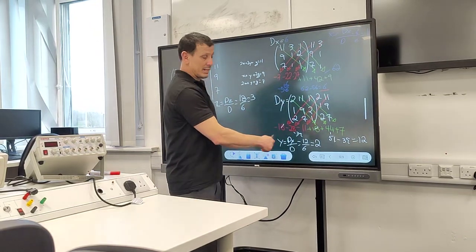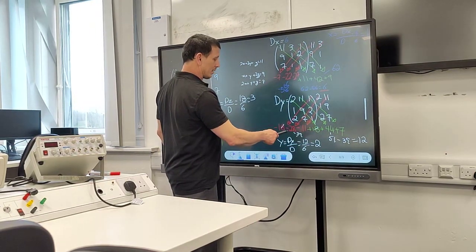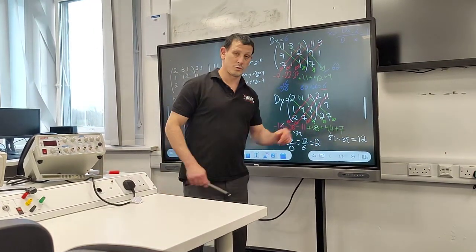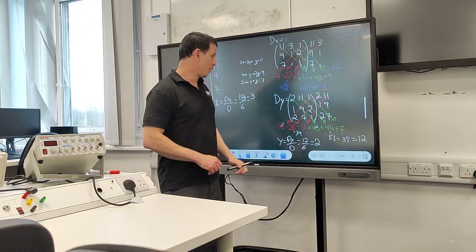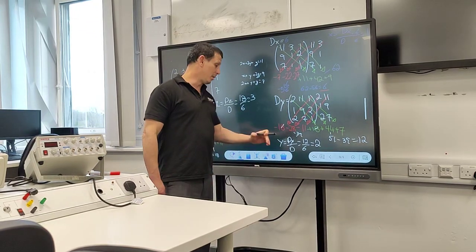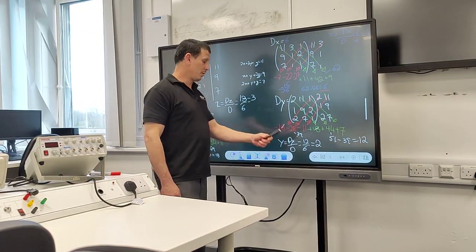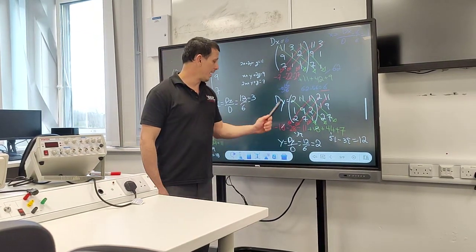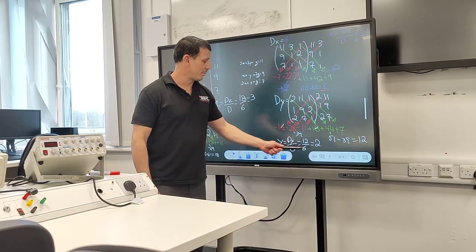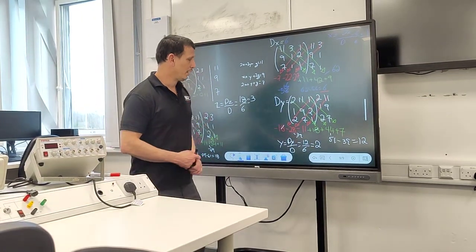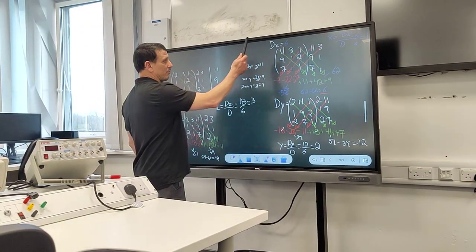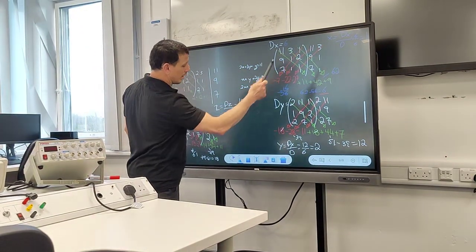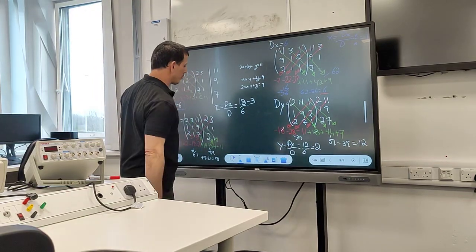Once you add and subtract all of these, you're going to have 51 minus 39, which equals 12. So now you know that your dy equals 12. In order to find y, you do dy divided by d. Your determinant was 6, your dy is 12, so it's 12 divided by 6 equals 2. So that satisfies the second part, where you found x equals 1 and y equals 2.